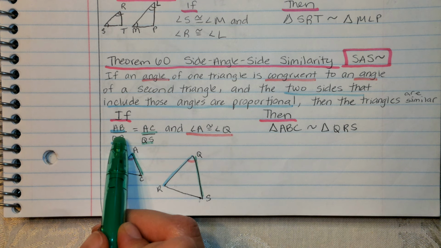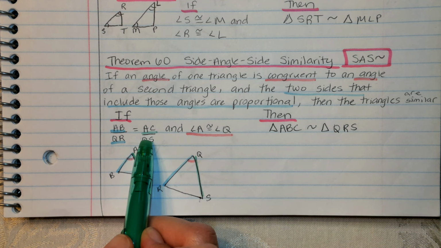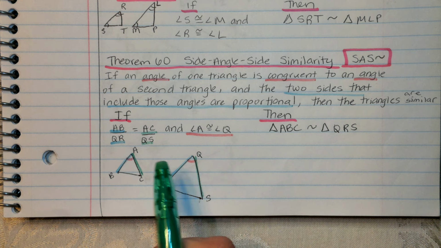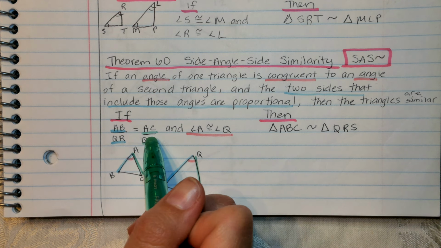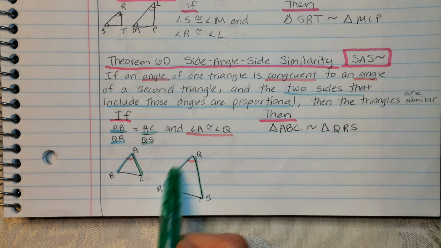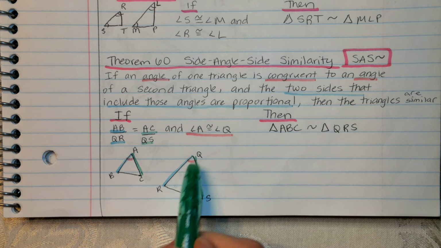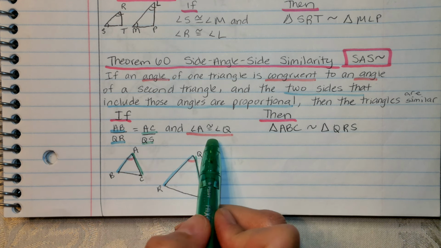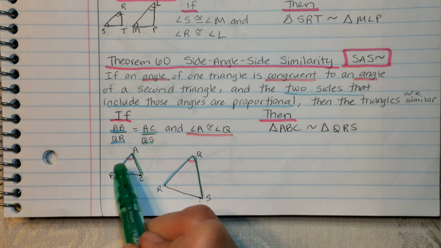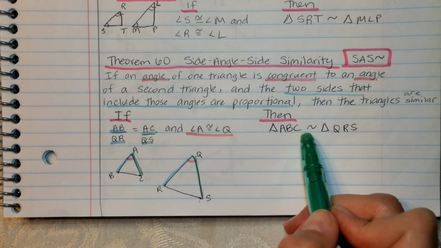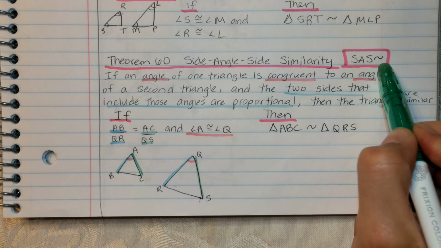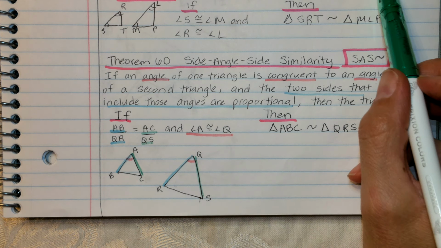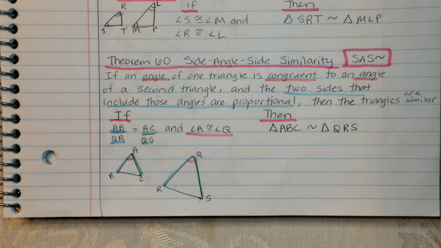If we put numbers in here and it did not come out to be equal, then we would know that they are not similar. So as long as that proportion is equal, whatever AB over QR is and whatever AC over QS is, if it's equal, and we have the one congruent angle, we have side angle side similarity. So remember that that's side angle side similarity, or we could have from up above angle angle similarity.